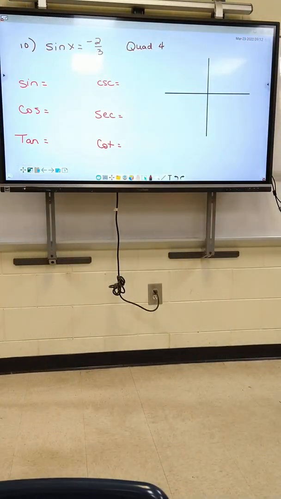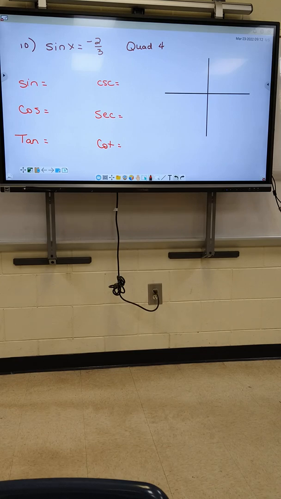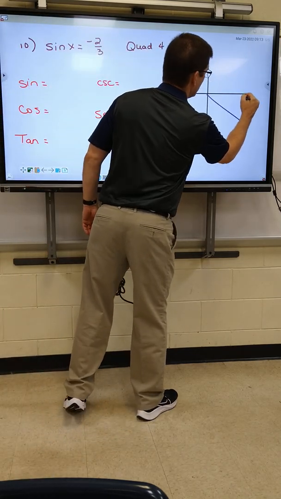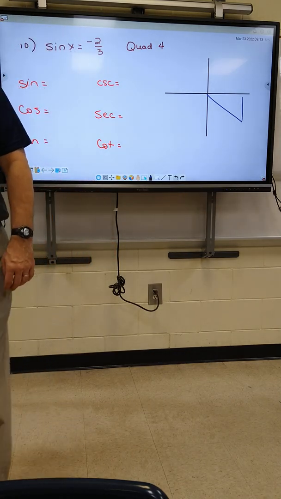All right, does everybody have your 6 trig functions written down in your XY axis? This time it says the triangle goes in quadrant 4, so you guys have to know that quadrant 4 is right there. Draw a triangle.